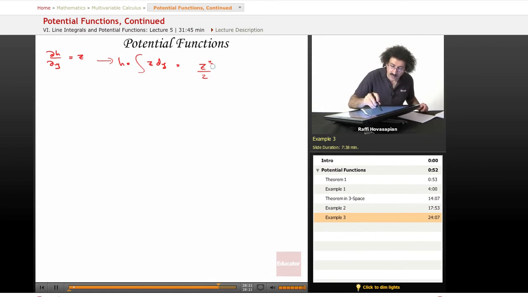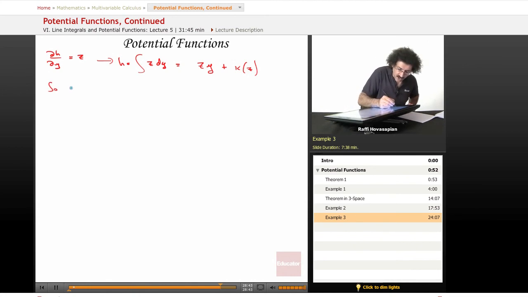No, not z squared over 2. See, I made the same mistake. This is where you have to be careful. I'm actually integrating with respect to y. So z is a constant. So this is actually going to be zy, zy plus some function of z. So be very careful. As you can see, I made the mistake.